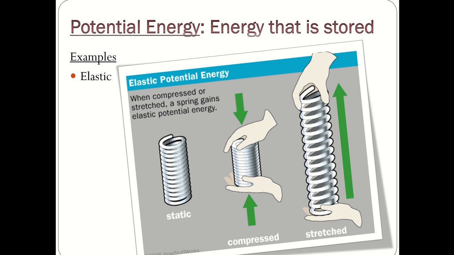But there are other examples that use elastic potential energy, for example, elastic bands, like bungee cords, or let's say a bow and arrow, right? A bow is basically a spring as well. So anything that bends has the potential to be used as a storage for potential energy, unless it breaks, of course, then it's not going to work.